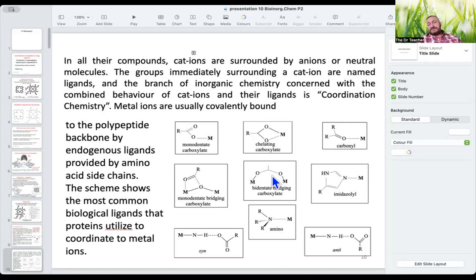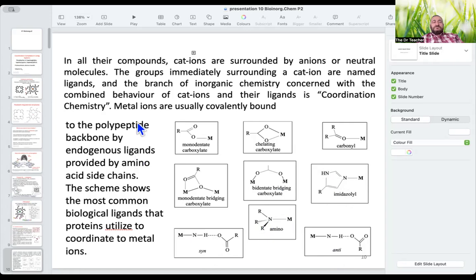We have bidentate bridging carboxylate. We have imidazolyl. This is the imidazole ring, so it's bonded to the metal. There is an amino group, NR3, to the metal. And there is a syn amino and anti-syn amino group to the metal.